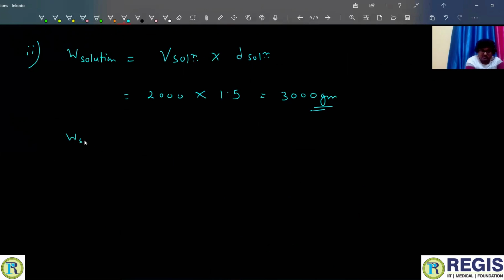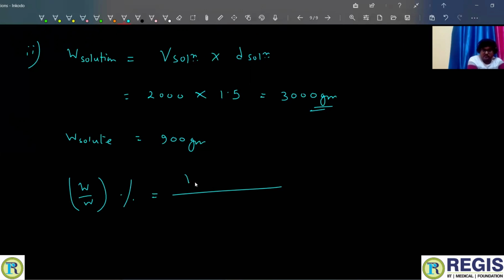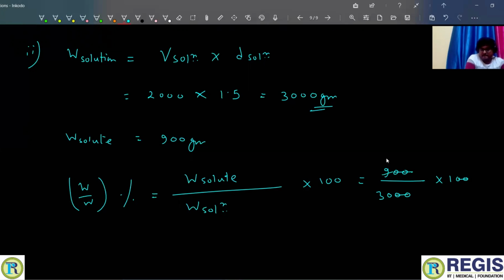And what is the weight of solute? That is 900 gram. Now what is weight by weight percent? We all know that it is weight of solute by weight of solution into 100. Now the weight of solute which is 900, weight of solution which is 3000, into 100. Now if you calculate this one, just give me 1 minute.